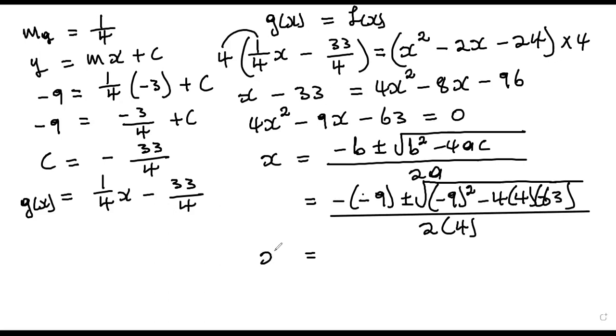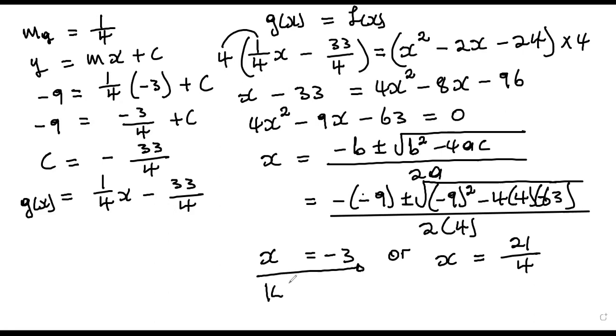So the first x coordinate we get is going to be -3. What about the second one? The second x coordinate will just be 21/4, like that. So it makes sense for us to get x equals -3.